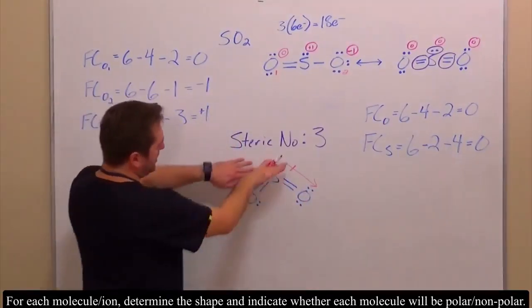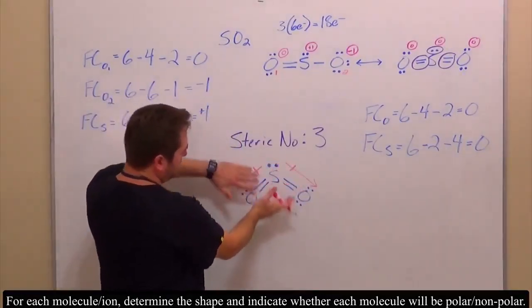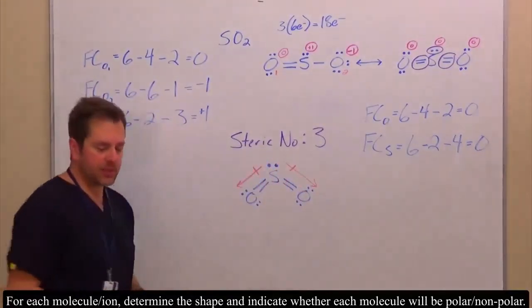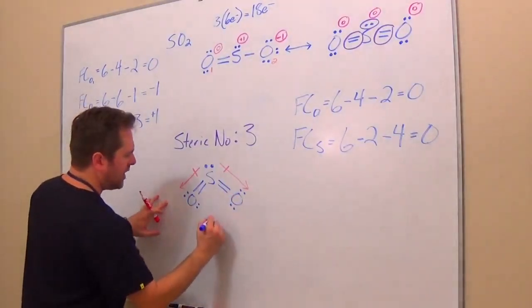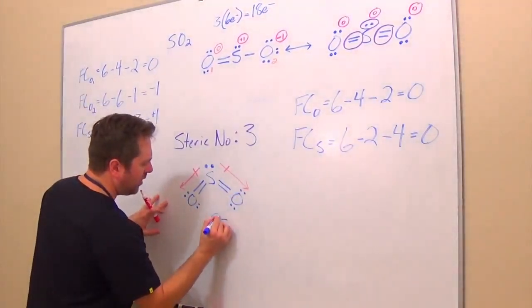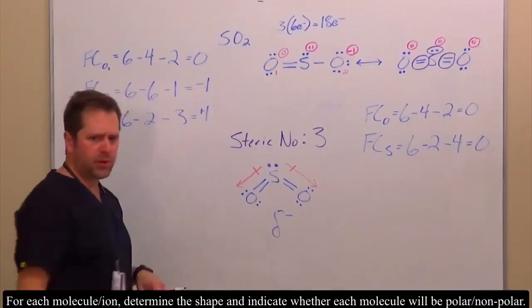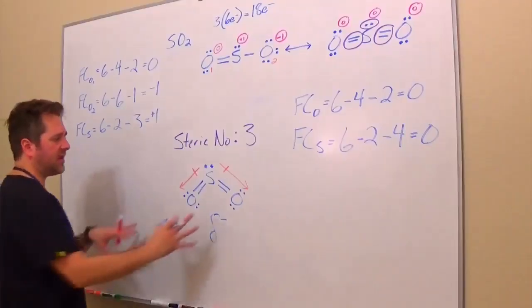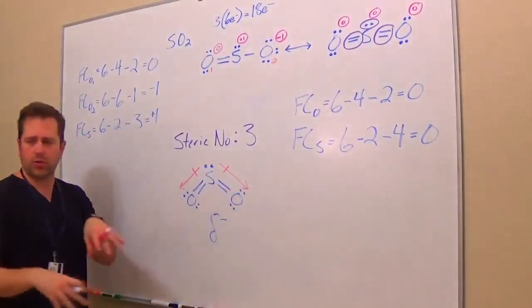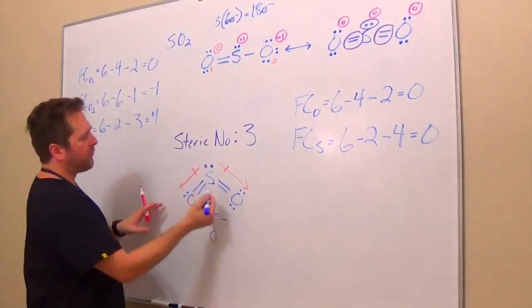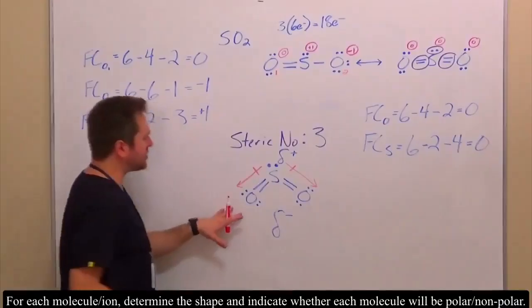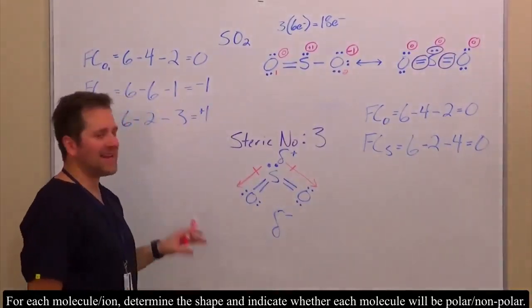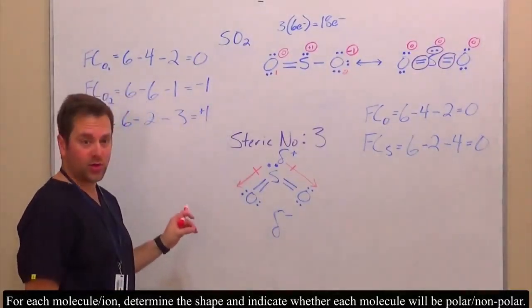So a lot of the electron density will be towards the oxygens versus towards the sulfur. So the implication there is that this whole area with all the oxygens has a somewhat negative charge. Not completely negative, but somewhat negative because of the more electron density. Versus the sulfur, this area is going to be somewhat positive. So the answer is yes, sulfur dioxide is a polar molecule.